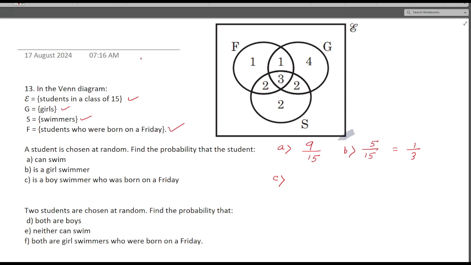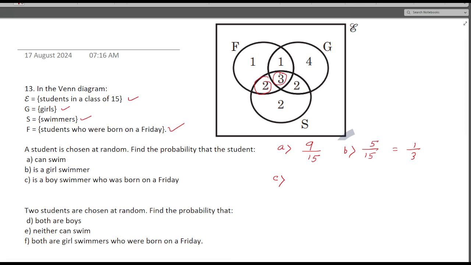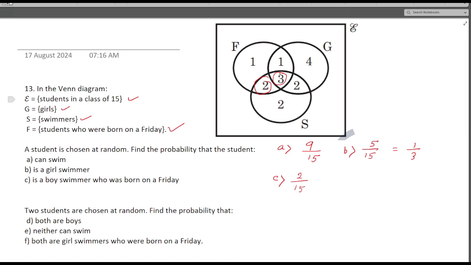Okay, so swimmer who is born on Friday, this 2 and this 3 represent a swimmer born on Friday, but this 3 represents a girl student and this 2 represents a boy student. So a boy swimmer born on Friday, I will say that this is 2 divided by 15. So 2 divided by 15 is my result. Getting it? Okay.